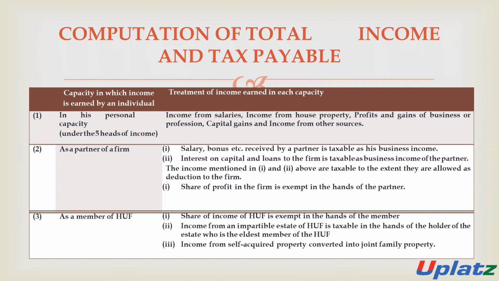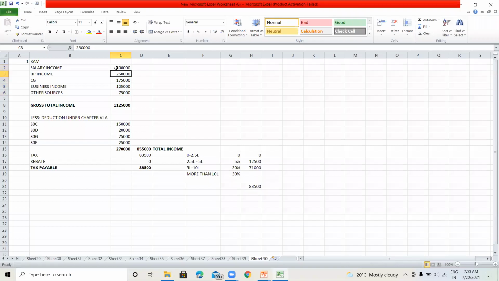For example, there is Mr. Sohan, and he is a partner in the ABC partnership firm or LLP.